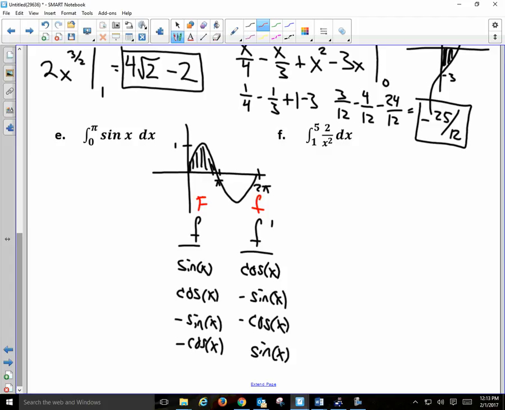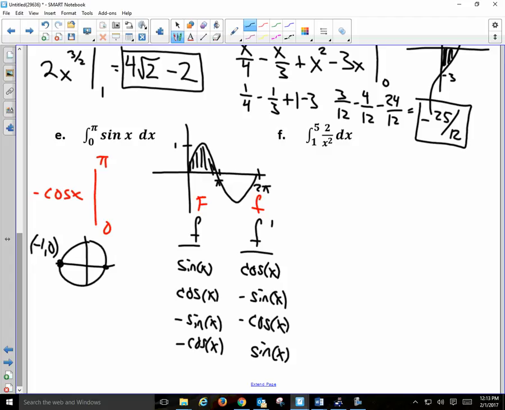Everybody good with that? So antiderivative of sine is negative cosine of x. We evaluate it at pi and at 0. Oh, looks like a little trig. Good thing that we remember all of our trig. I have my terminal points. What's the terminal point right there? Negative 1, 0.